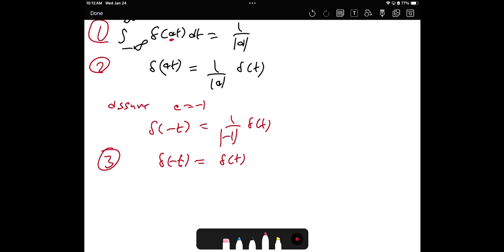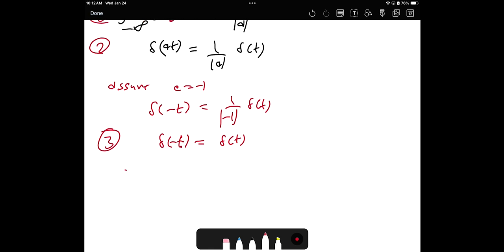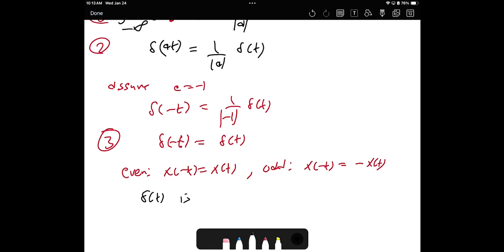Does this mean delta of t is even symmetric or odd symmetric? Even. Actually, even symmetric means x of negative t equals x of t, while odd means x of negative t equals negative x of t. So as a result, delta of t is even symmetric.